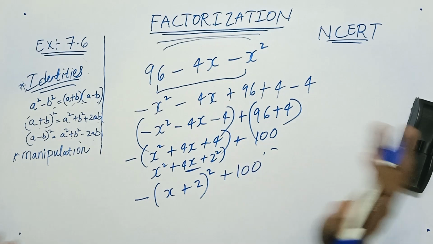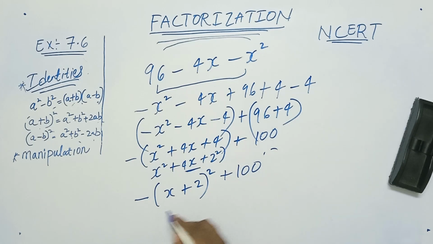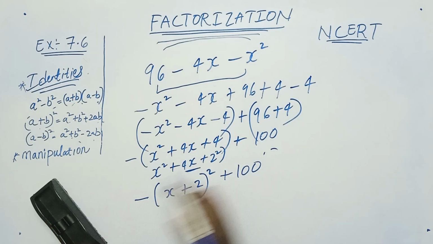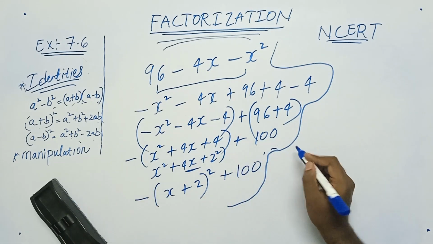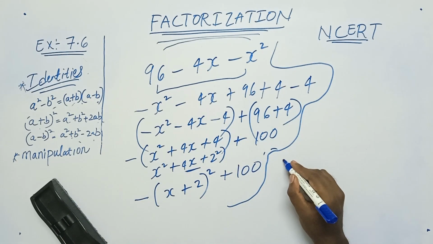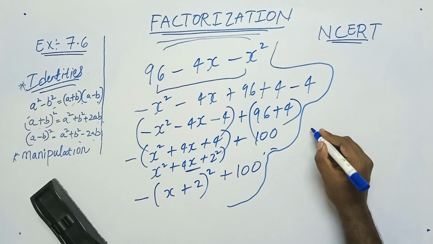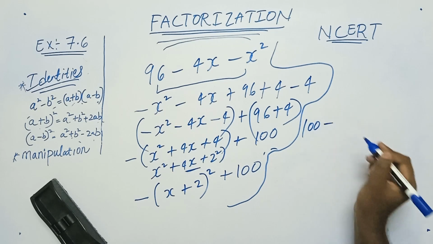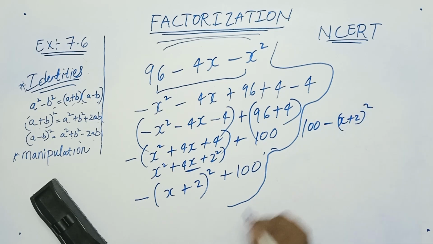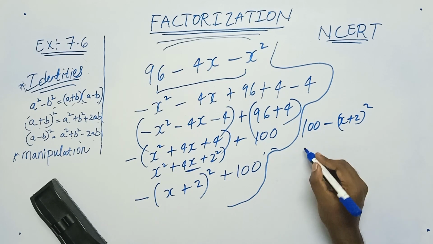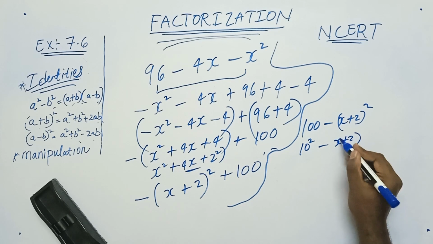If I rewrite this expression, it becomes 100 minus (x plus 2) whole square. If I write 100 in exponential form, it becomes 10 square minus (x plus 2) whole square.